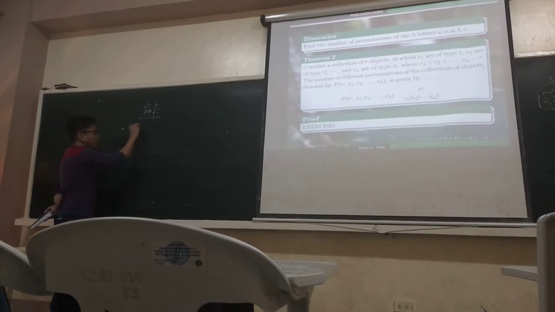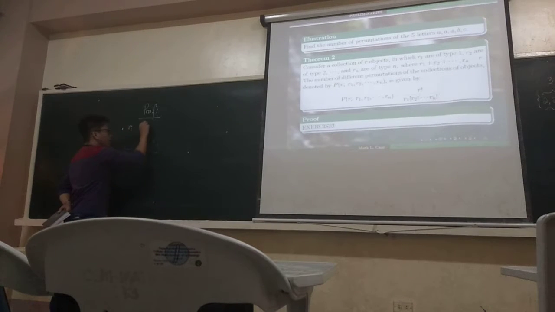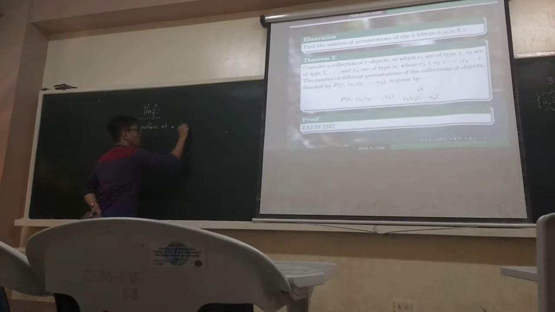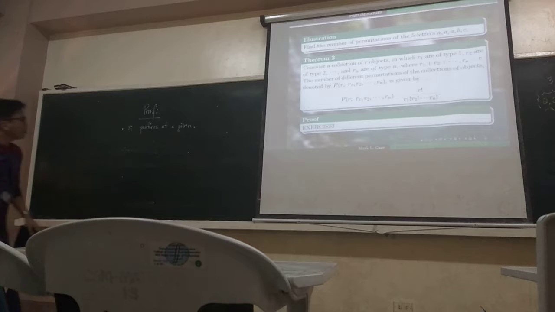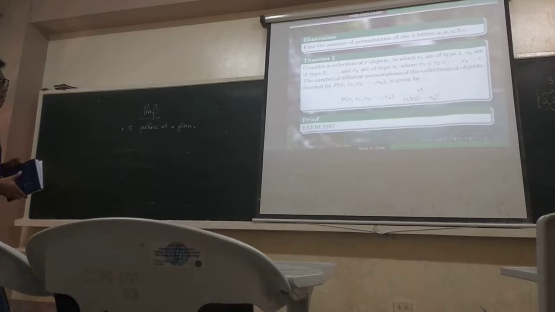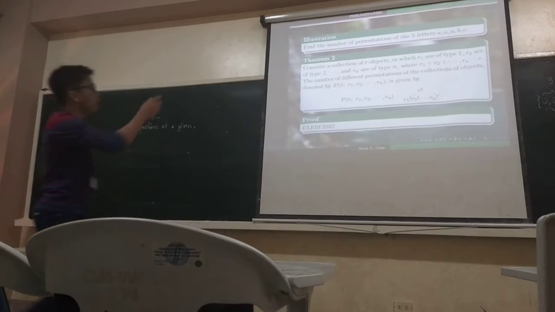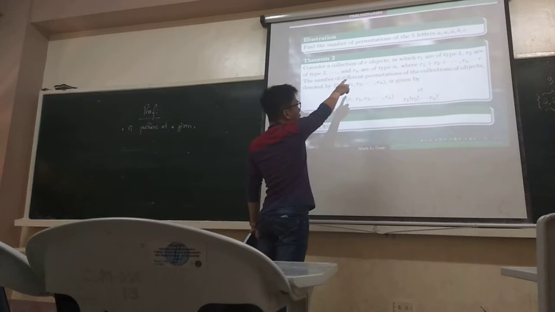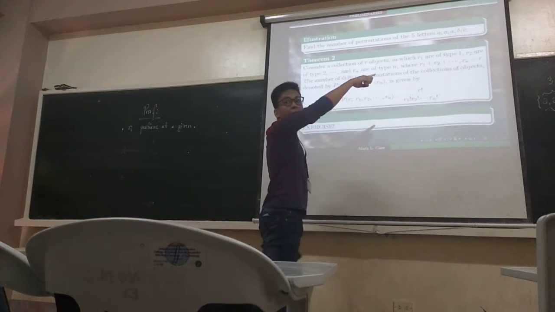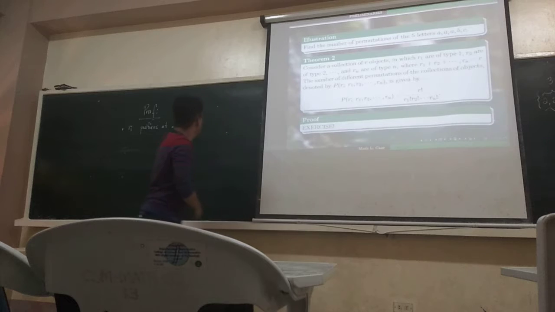Okay, so you have R sub i positions at a given, with what's the corresponding R sub i? But consider a collection of R objects in which R sub 1 are of type 1. So here, R sub i of type i.